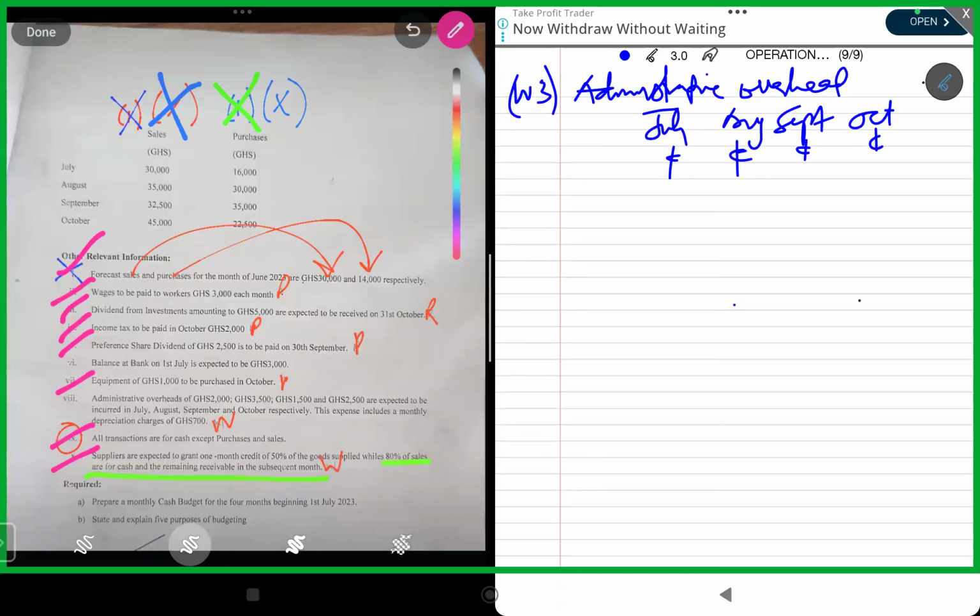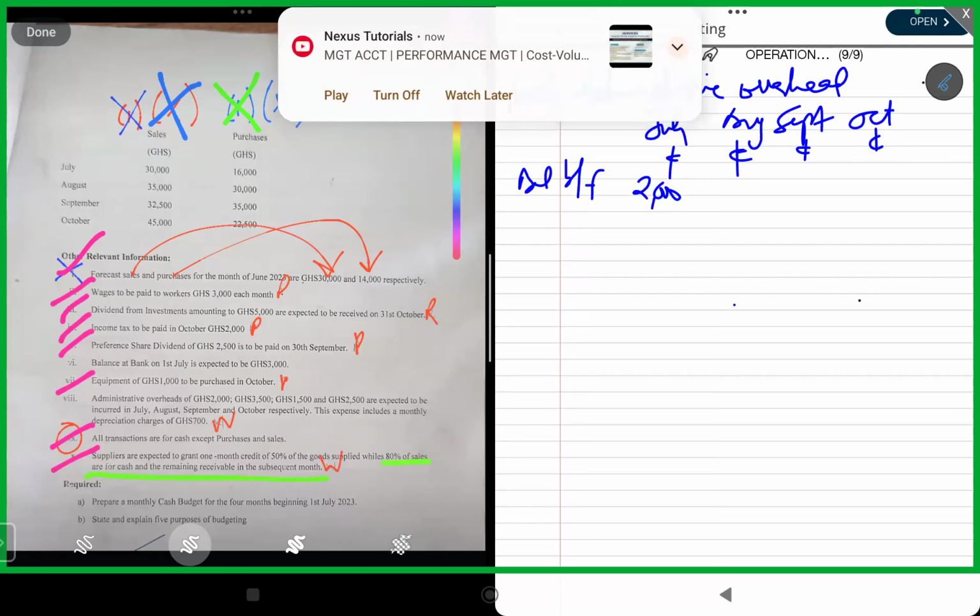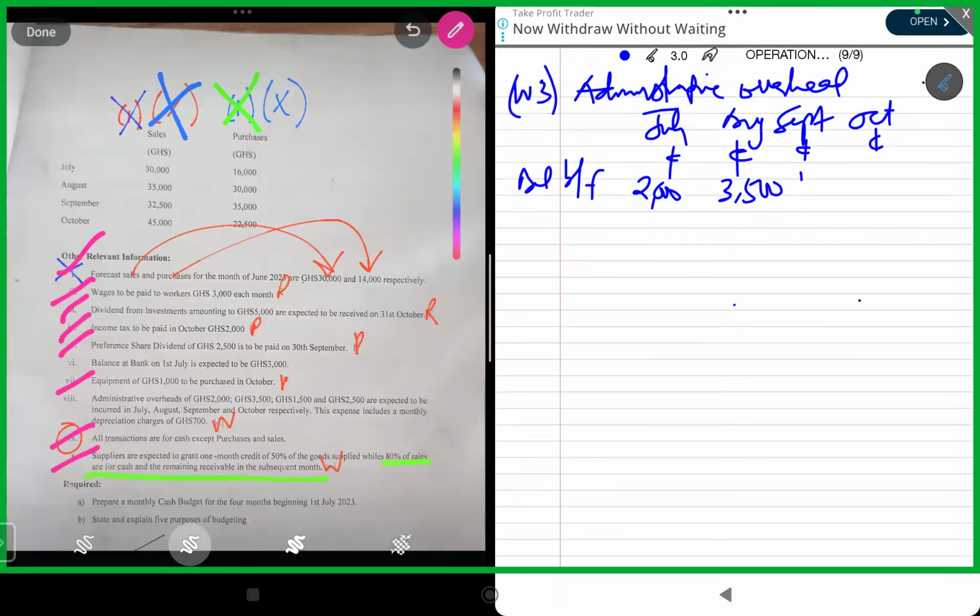What are the values? 2,000, 3,500, 1,500, and 2,500.